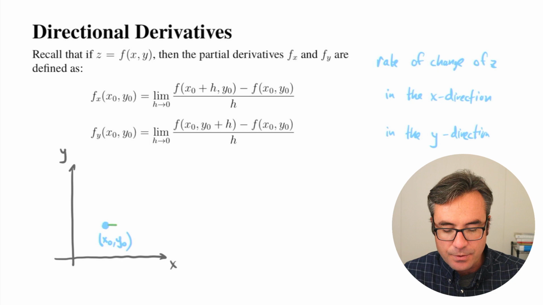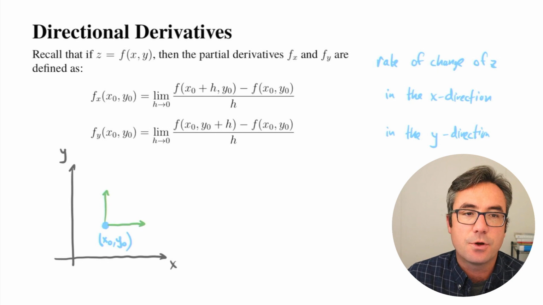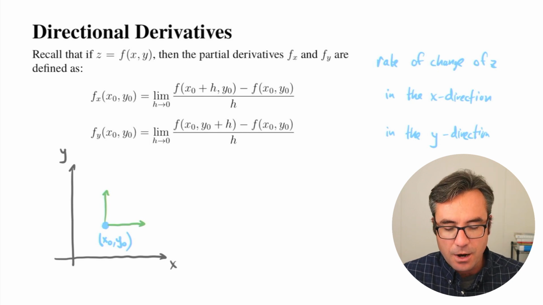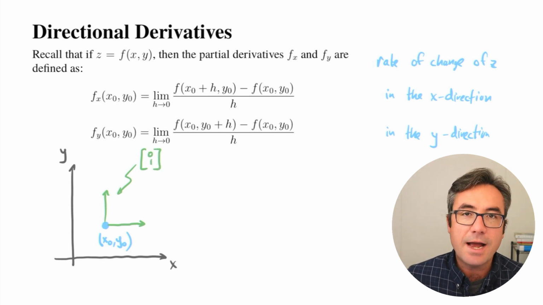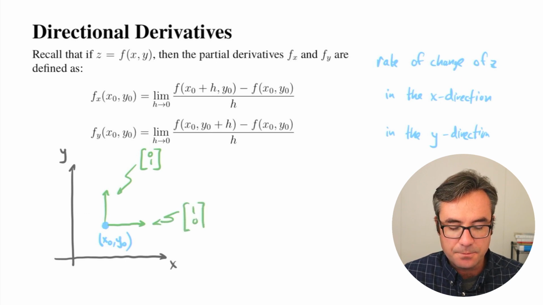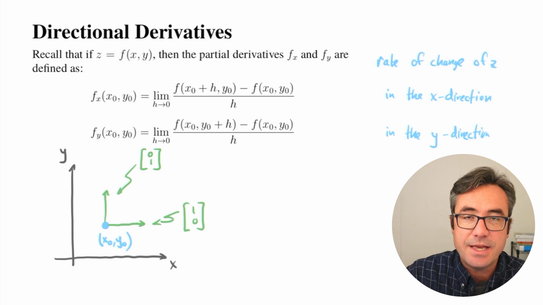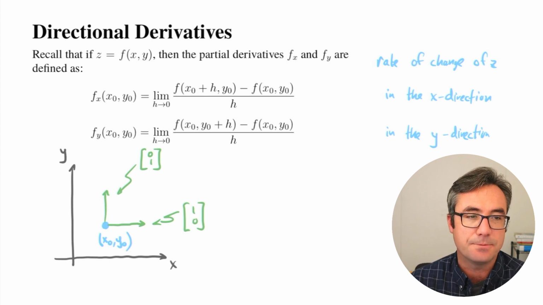We have our x direction, and we have the y direction. So we have the unit vector in each of those directions. So for our y direction vector, that would be 0, 1. And for our x direction vector, that would be 1, 0. So we have the two unit vectors in either the x direction or the y direction.